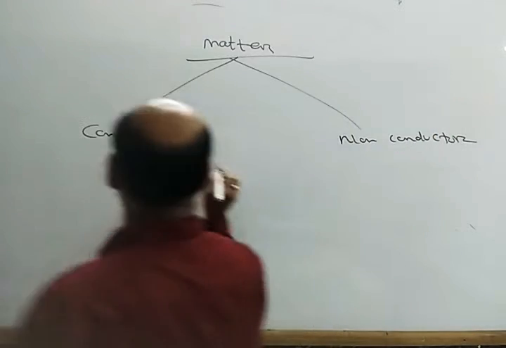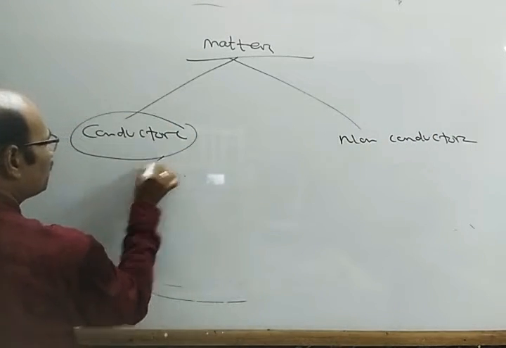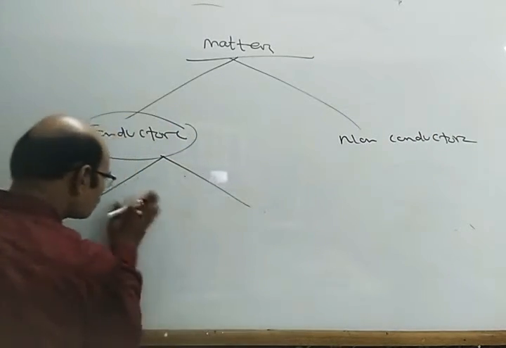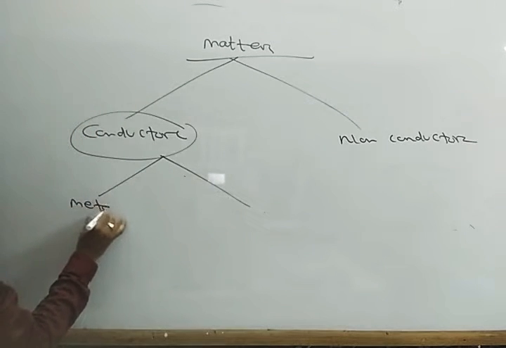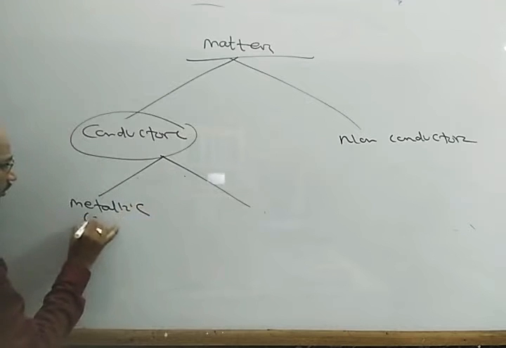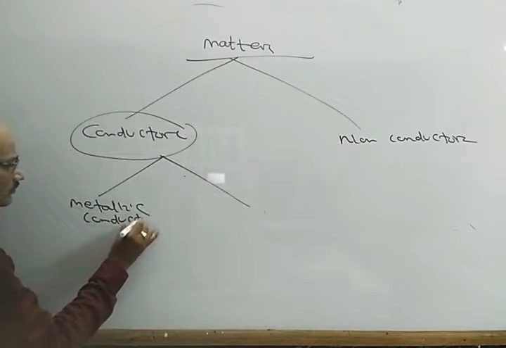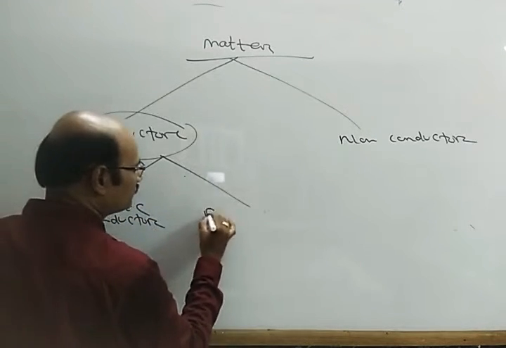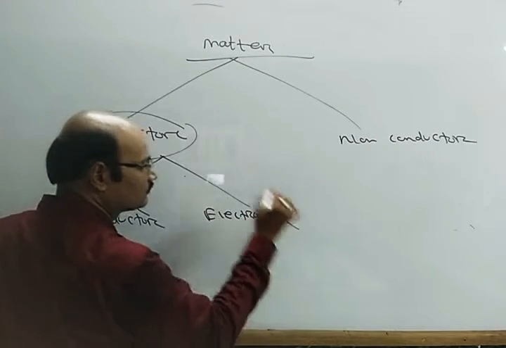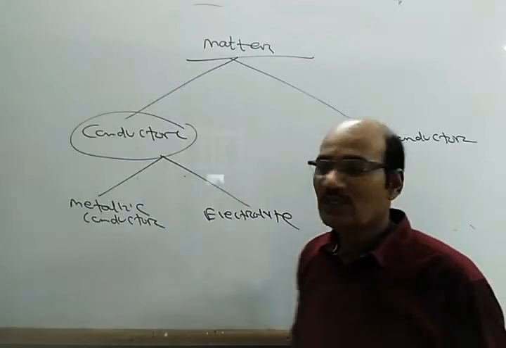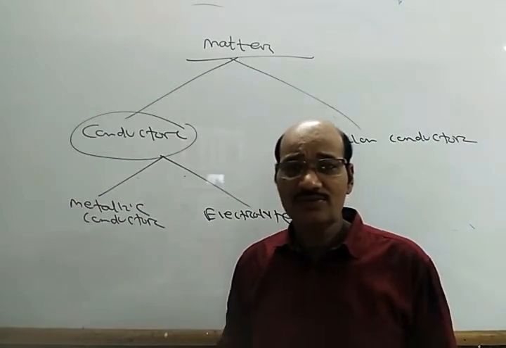And these conductors are again of two kinds: metallic conductor and electrolyte.